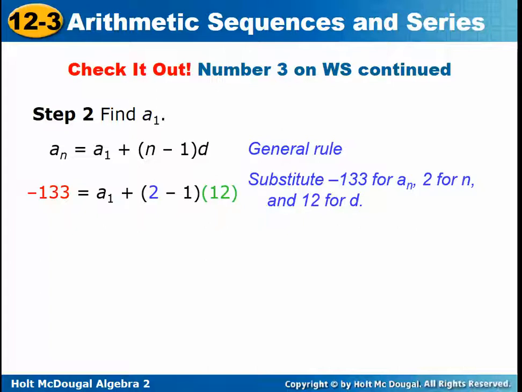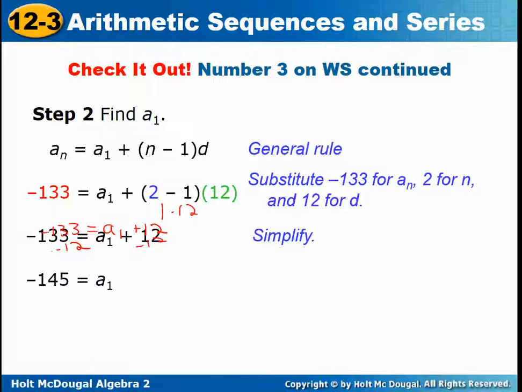And then 2 minus 1 is 1 times 12, so that's just 12. So this really becomes negative 133 equals a sub 1 plus 12. So we subtract 12 from both sides to find that a sub 1 is equal to negative 145. And that's a sub 1.